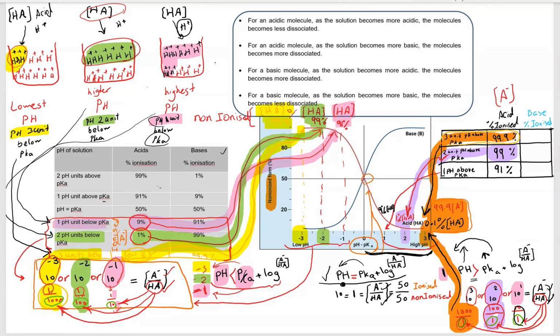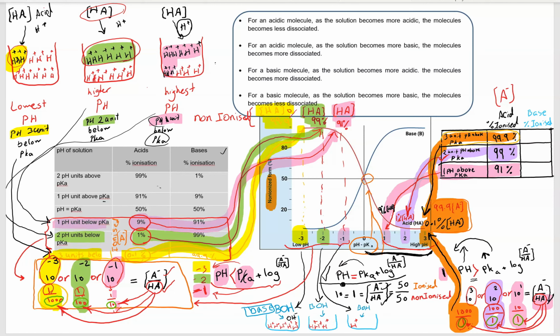So that's related to 1 pH unit above pKa, and of the acids that you pour into your solution, 9% don't dissociate, or they are non-ionized, and 91% of them you get the ionized one.